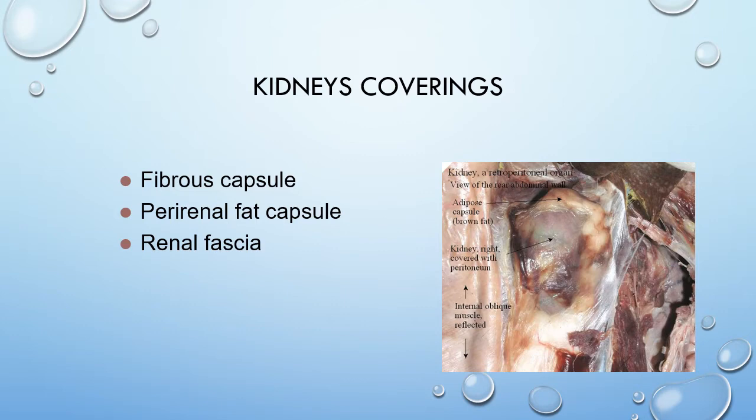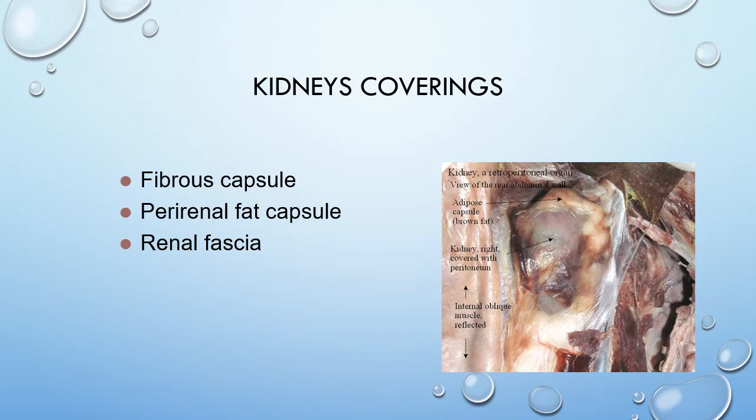Okay, so we have to protect them. They have to have several things that will protect them and keep them working correctly, and protect them from danger or damage. So if we talk about the coverings, the first thing is the capsule. The outer layer of the kidney is made up of a capsule.